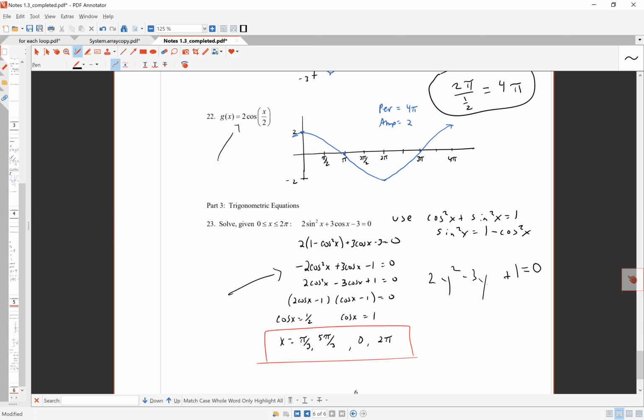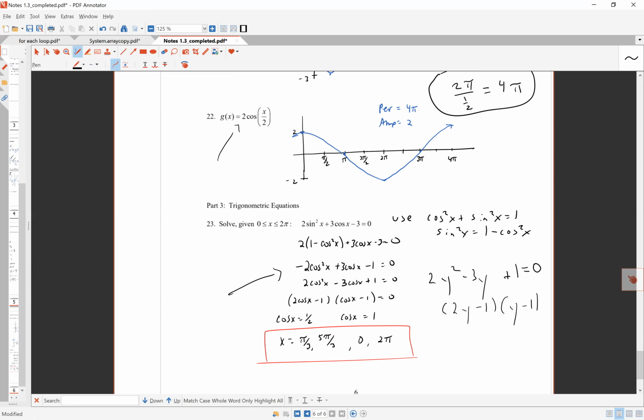Wherever you see y, you put cosine of x back. You can verify that you get 2y squared minus 3y plus 1. So anyway, you get the factors 2 cosine of x minus 1 and cosine of x minus 1.